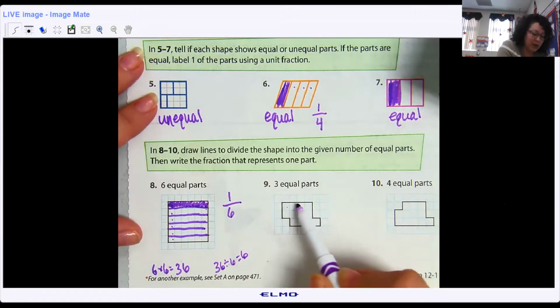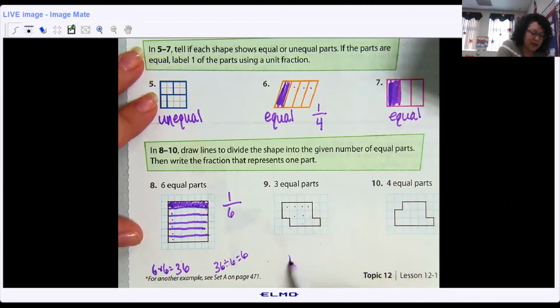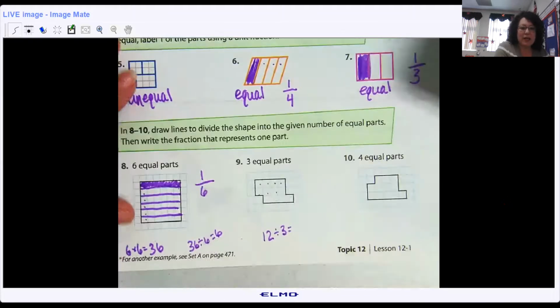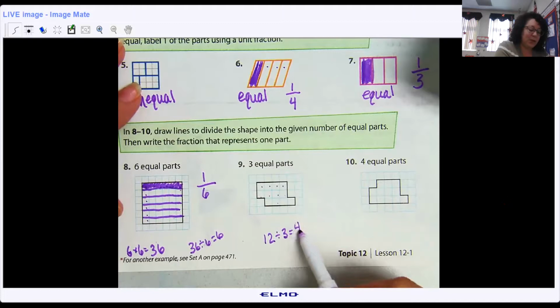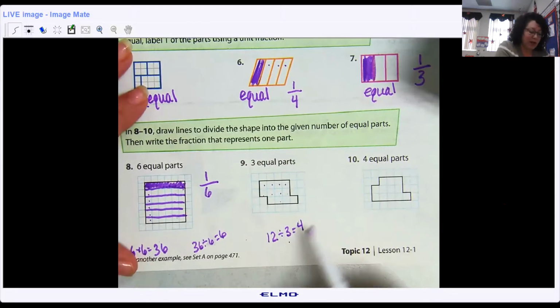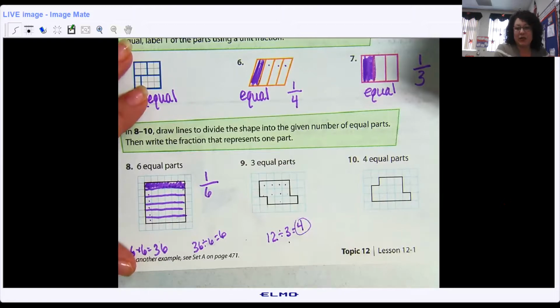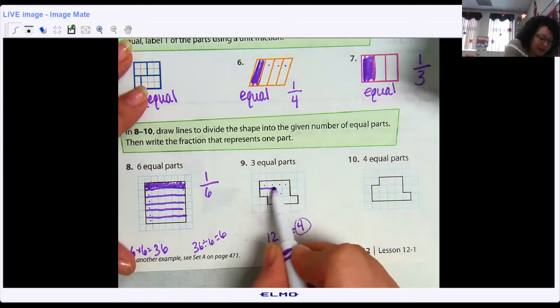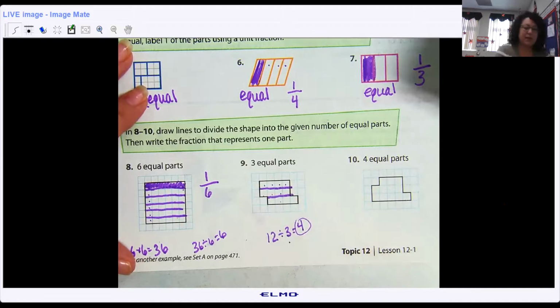3 equal parts. 1, 2, 3, 4, 5, 6, 7, 8, 9, 10, 11, 12. 12 divided by 3 is 4, because 4 times 3 is 12. So I know that my 3 equal parts are going to have 4 cubes in each one. That's 4, that's 4, and that's 4.